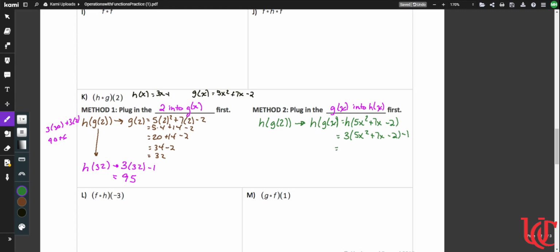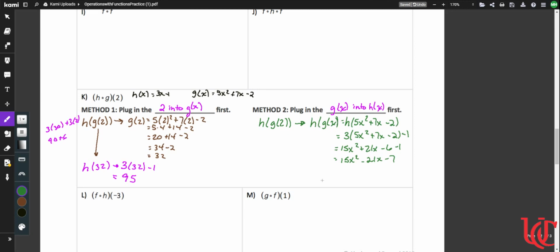And that gives me 15x squared plus 21x minus 6 minus 1. So that's 15x squared minus 21x minus 7. All right, so that is h of g of x.